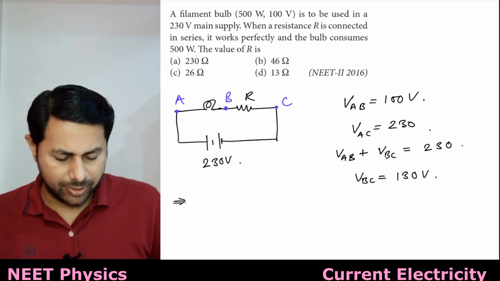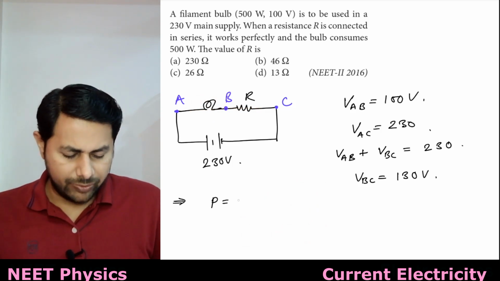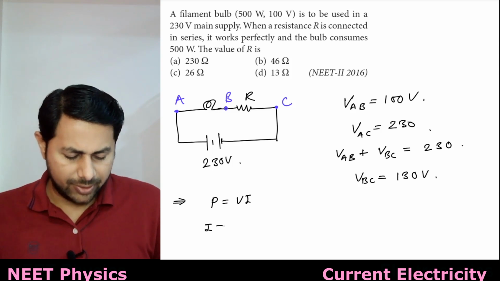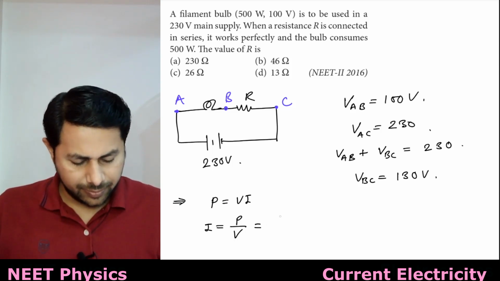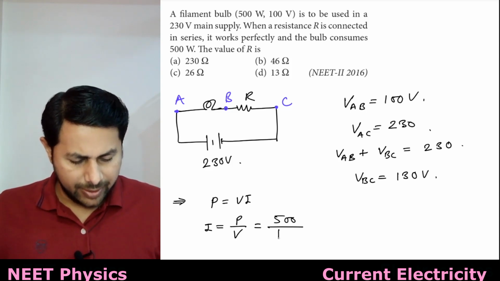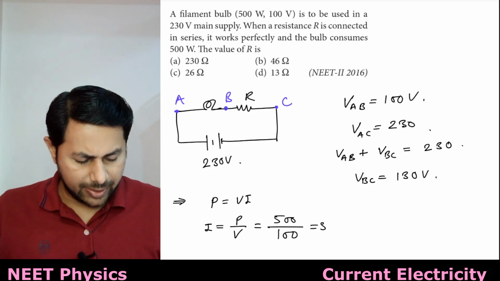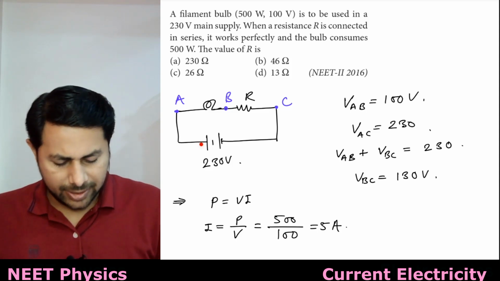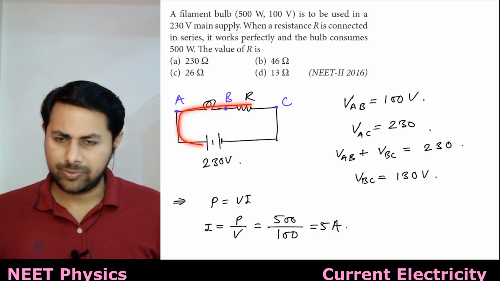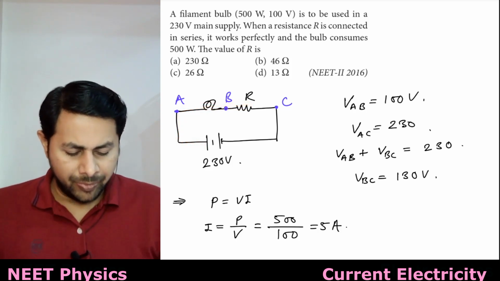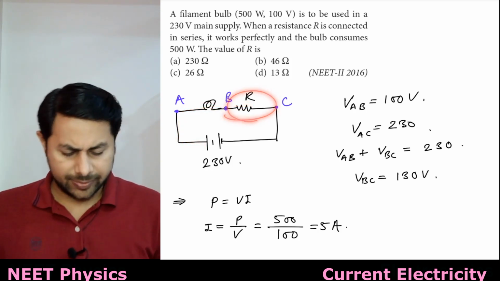So let's make use of P is equal to VI, and from that you get I equals P by V, and that's equal to 500 divided by 100, right? So current in this branch must be 5 amperes. The same is the current in this resistance.